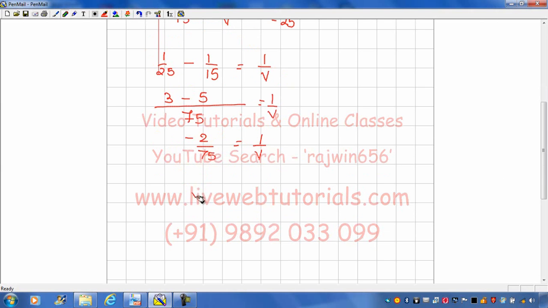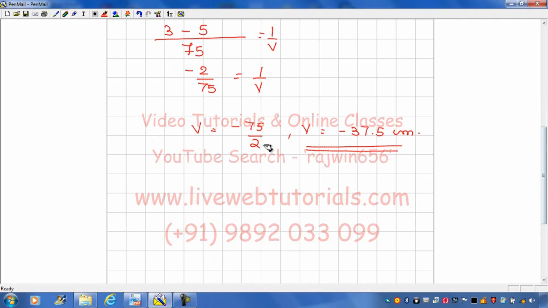So reciprocate this, v is equal to minus 75 upon 2. You can write this answer as v is equal to minus 37.5 centimeters. Okay, this is the image distance. The image is at the distance 37.5 centimeters away from the mirror. So that is the position where the screen will be placed.